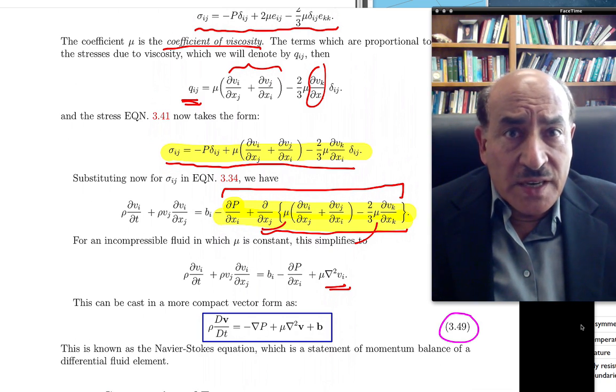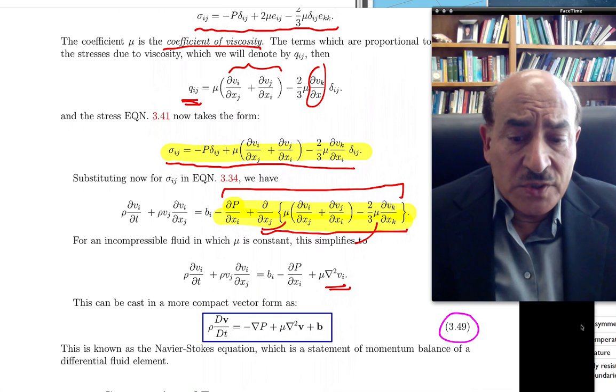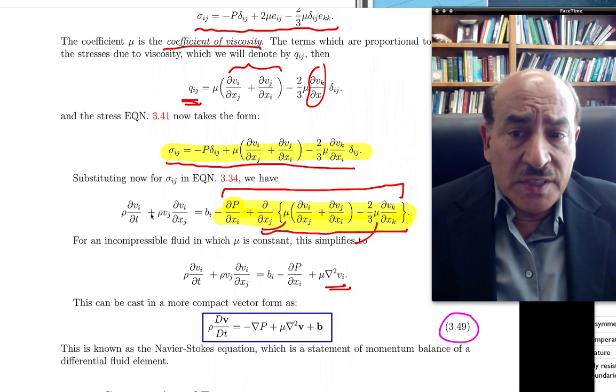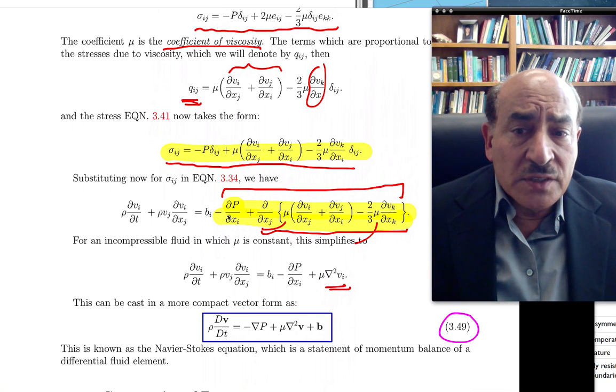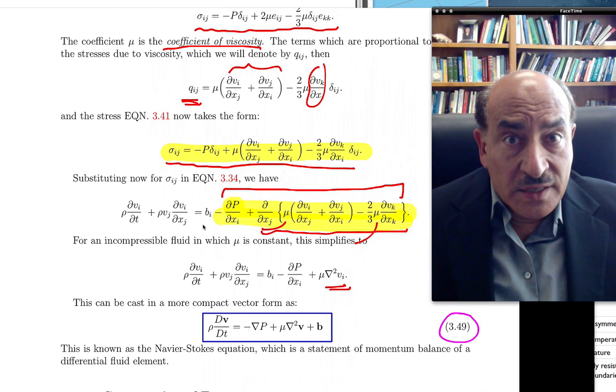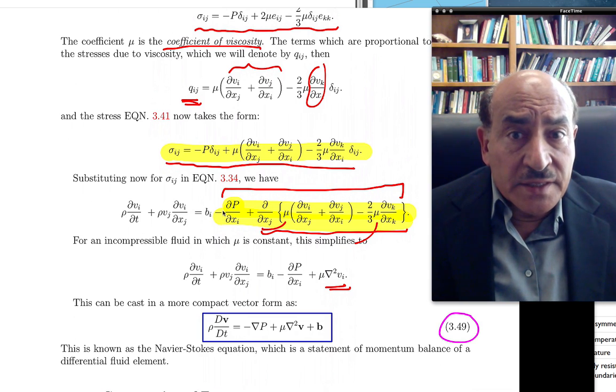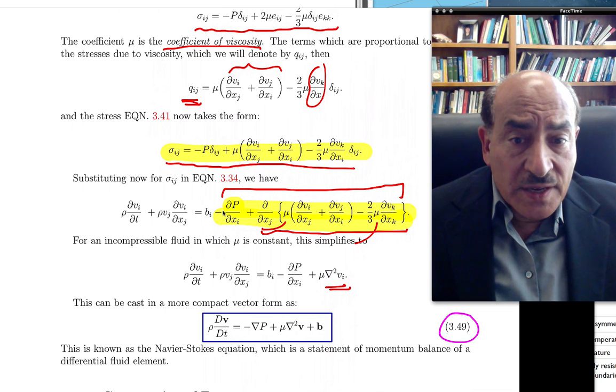Equation 349 is in vector form, and the original form of equation 349 is in index notation, given up here, where on the left-hand side you see the material derivative of the velocity vector, and on the right-hand side you have B sub i, which is component i of the body force, and dP by dxj, the gradient of the pressure in the i direction.